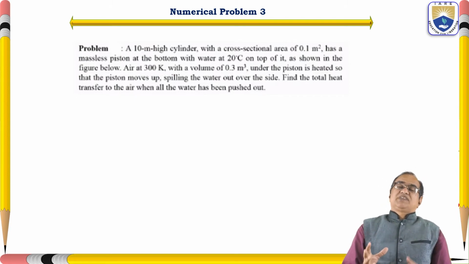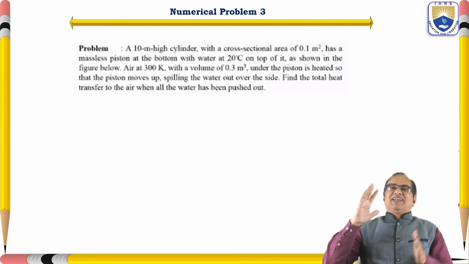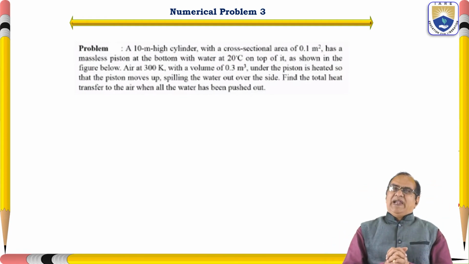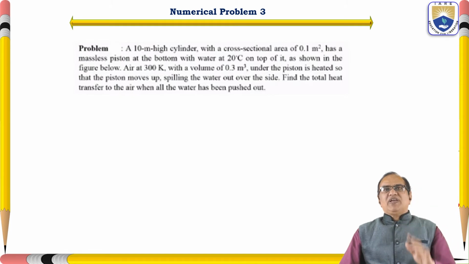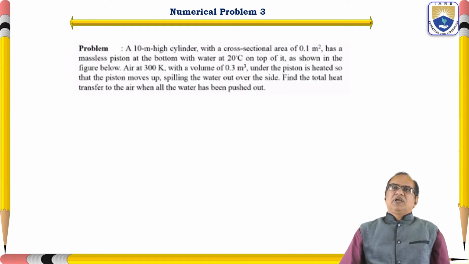So in this, what is given? A 10-meter height cylinder. The height of the cylinder is given as 10 meter, with a cross-sectional area of 0.1 meter square. It has a massless piston. The piston does not have any mass. At the bottom, with water at 20 degrees centigrade on top of it, as shown in the figure below.